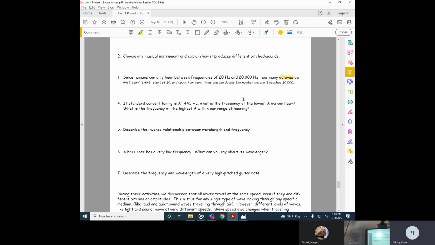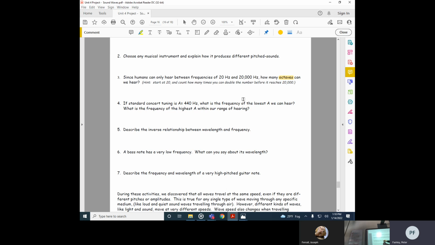Now, not all tuning was 440. Some other cultures use a different number of vibrations. Even Western music 500 years ago was like 432, slightly flat of what we hear now. But today, concert tuning is considered to be A440.